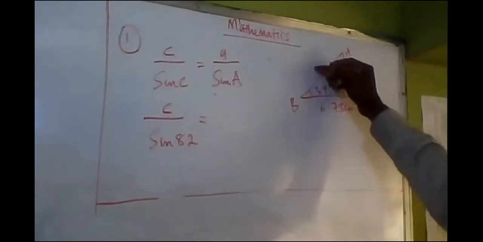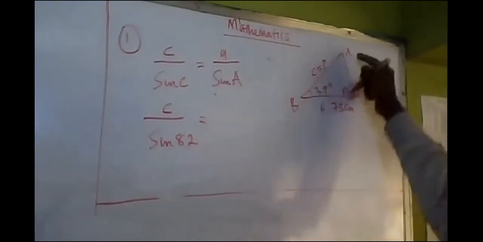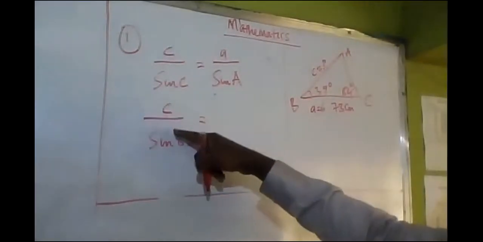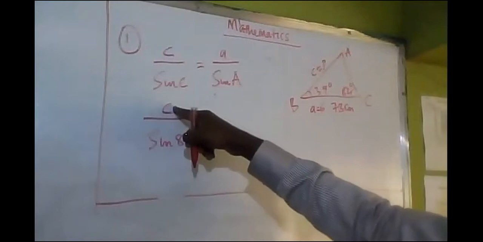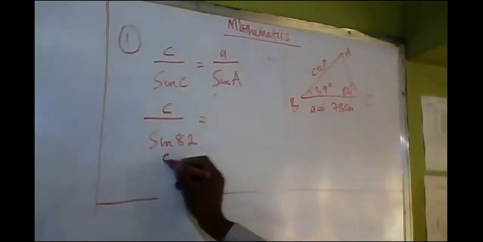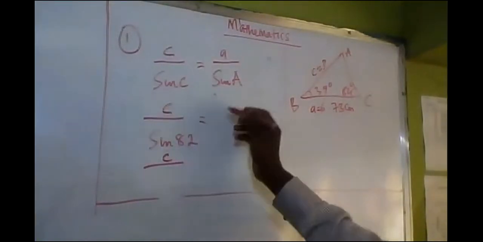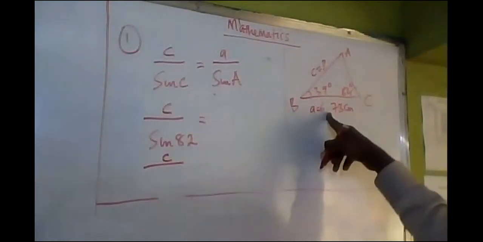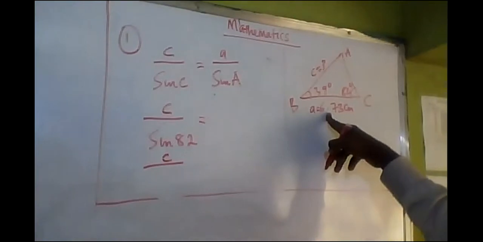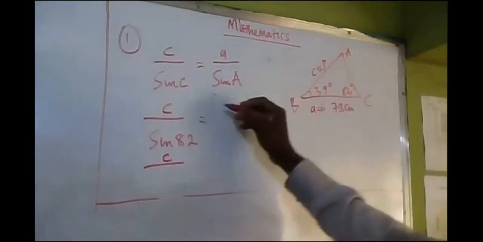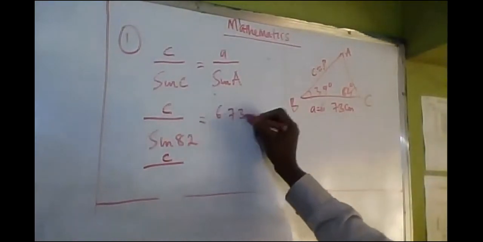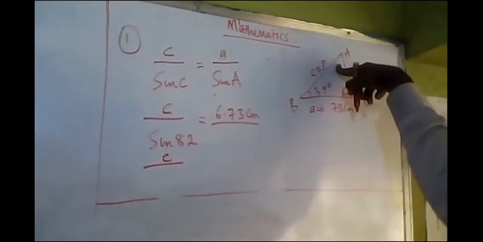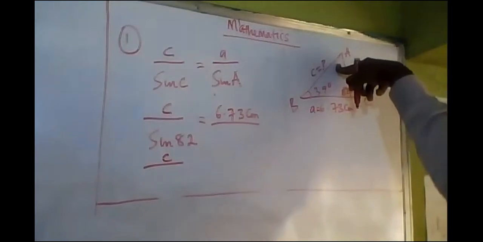We are looking for small c, and this is A facing this, so small a. So c, which is what we are looking for, over sine C, which is sine 82, equal to our small a, 6.73 centimeter, over sine A. We recall we got 59 here.